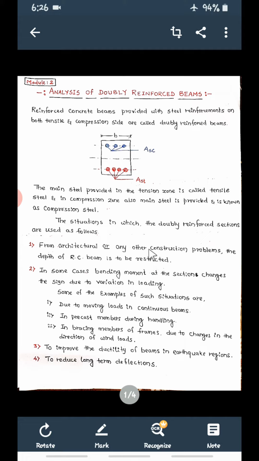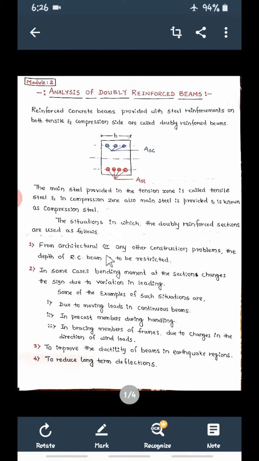In that case, if you provide more depth, from the architectural point of view it will not look proper, so you have to reduce the depth. The depth will be restricted or reduced. In that case the beam we are going to provide is a doubly reinforced beam.